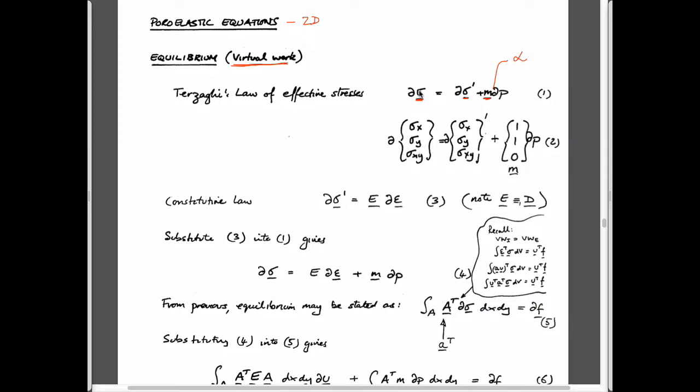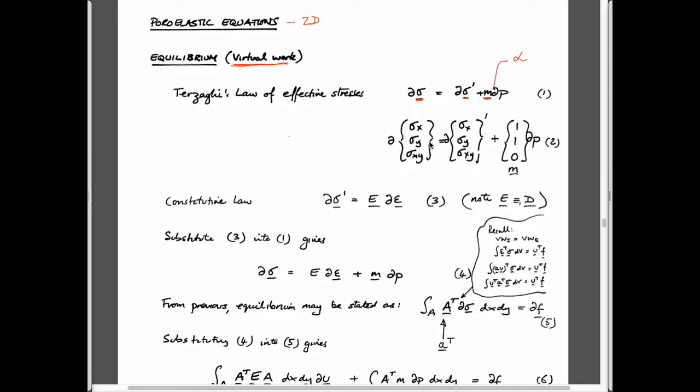And so if we write this expression out in longhand, we have the first two are normal stresses and shear stresses, the effective versions of those, and the fluid pressures only act on the normal stresses. So this term here is a 0. And so we can write this just as a matrix relationship which defines total stresses as a function of effective stresses and fluid pressures.